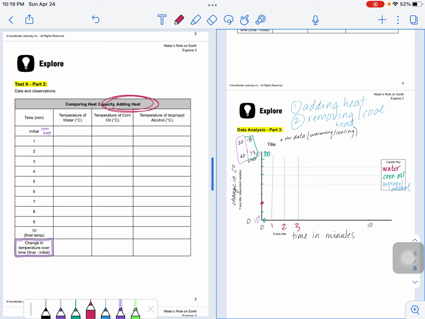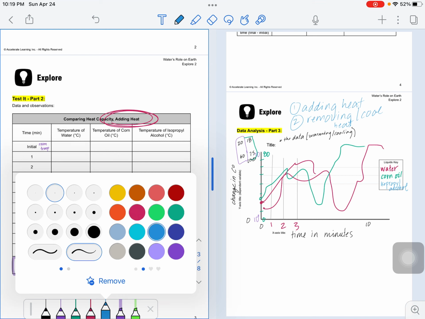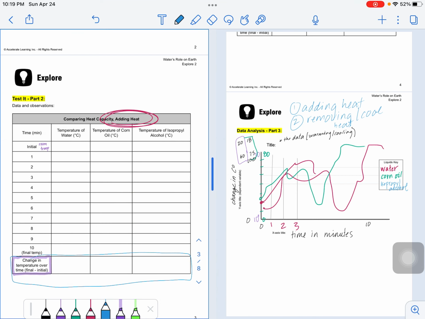So you're going to have your water line happening on here, whatever that looks like, your corn oil line, and your isopropyl alcohol line. So you'll have 3 colors. And I made it really squiggly not to give you any hints, so you'll get that going. You will not be charting this final change in temperature. This will not be on the graph.